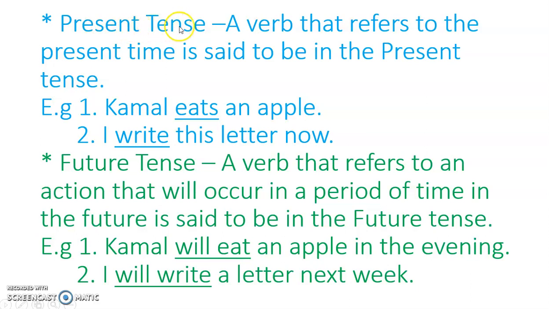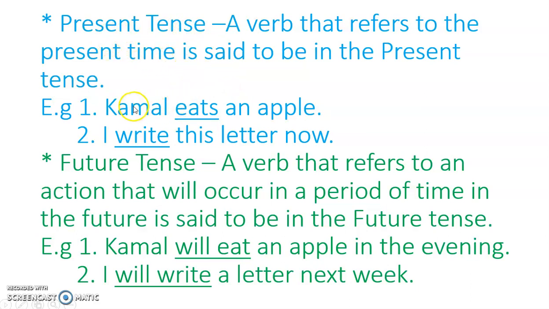Now, what is present tense? A verb that refers to the present time is said to be in the present tense. A verb that refers to the present time, what is happening at present. What is happening in the present is said to be present tense.